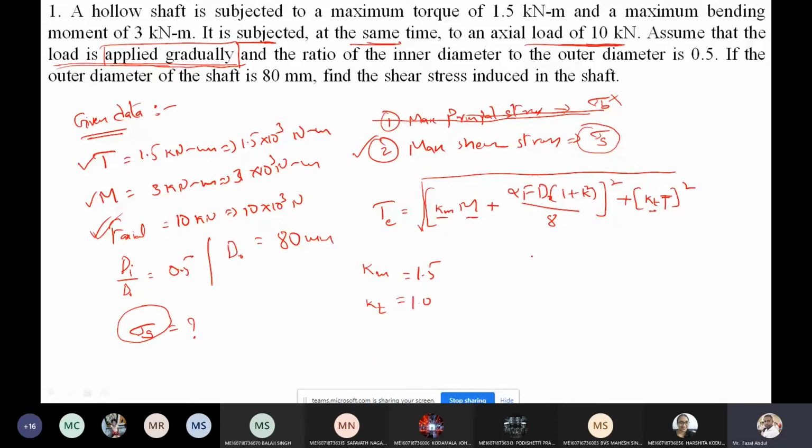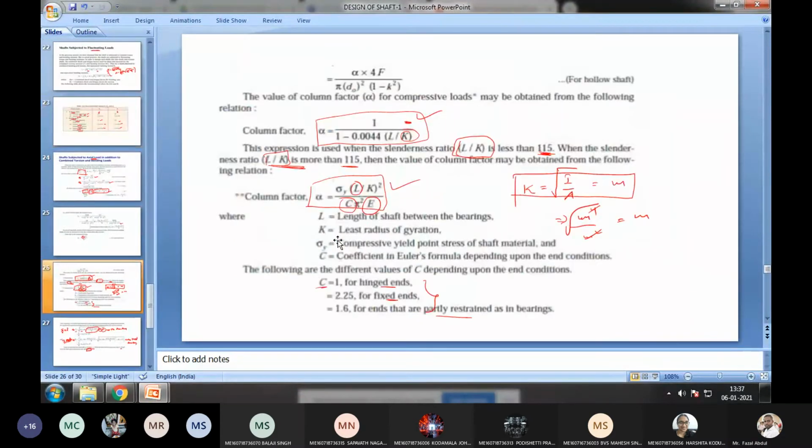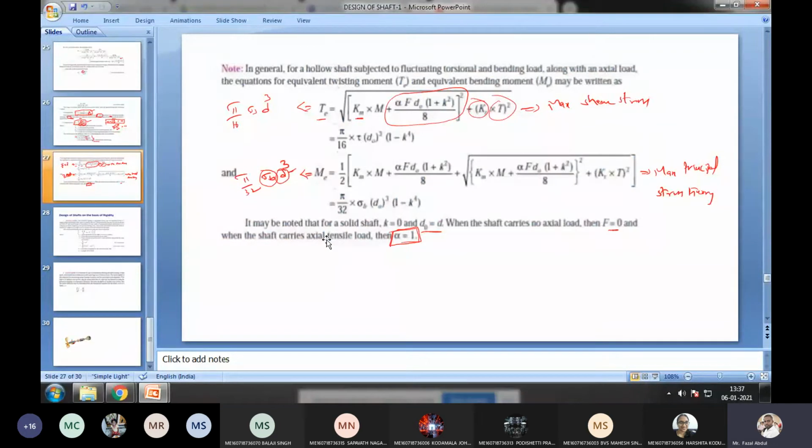Okay. And F value is given in the question. Alpha value, how much? See here, just now I showed in the theory part, in the note, alpha value is taken as 1. When the shaft is carrying axial tensile load, alpha is equal to 1.